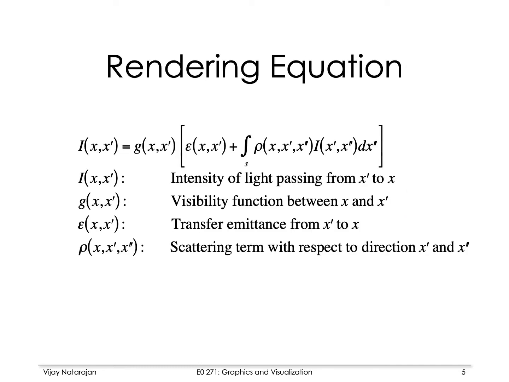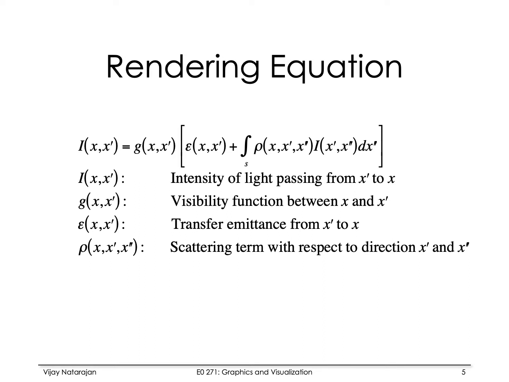Let's try to mathematically model this process. This is called the rendering equation. So the rendering equation gives us an expression for I, the intensity of light passing from x prime to x.